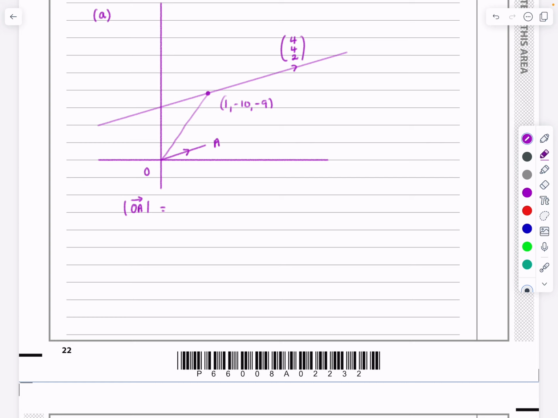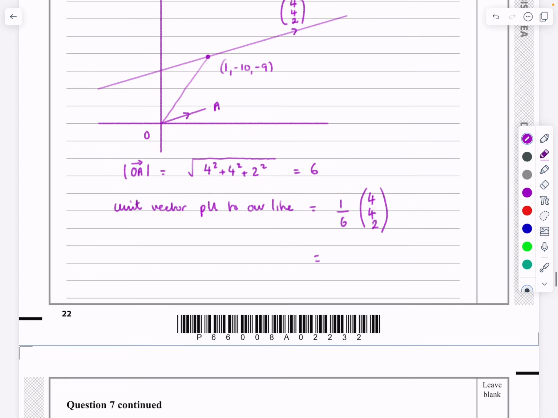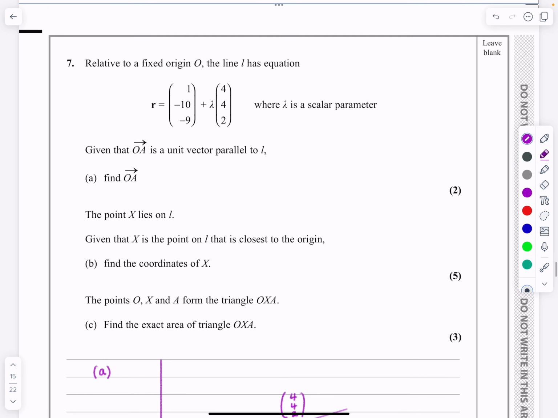That's going to be the square root of 4 squared plus 4 squared plus 2 squared, and that works out to be 6, which is always an indicator that I'm going on the right sort of lines here. So the unit vector parallel to our line is equal to a sixth of (4, 4, 2). And a sixth of (4, 4, 2), you can tidy that up to be (2/3, 2/3, 1/3). Okay, so part A, not too bad.